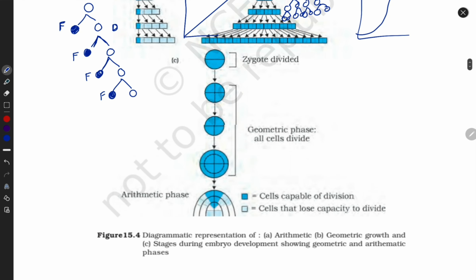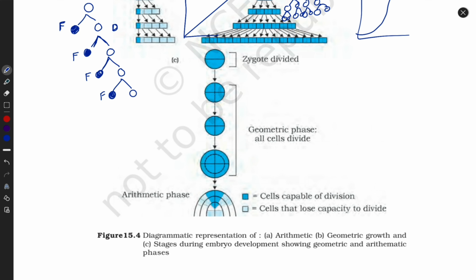Okay, now other cells show a geometric phase. This is the zygote. We know that when egg and sperm get fused, they form the zygote, N and 2N, and this zygote cell divides and again divides.